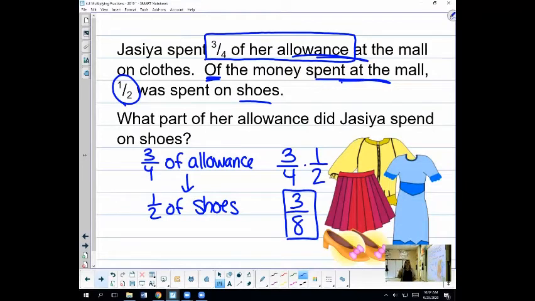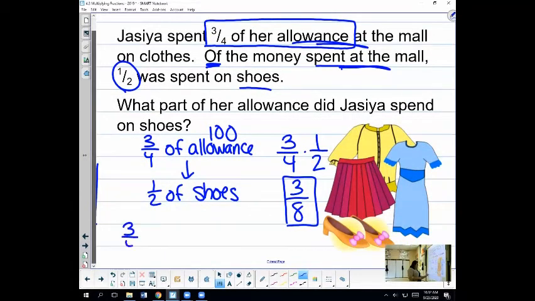But let's put that in perspective. Let's say Josiah had how much money? Let's say $100, okay? So let's say her allowance was $100, okay? What's 3/4 of 100? Well, let me do it right below here.